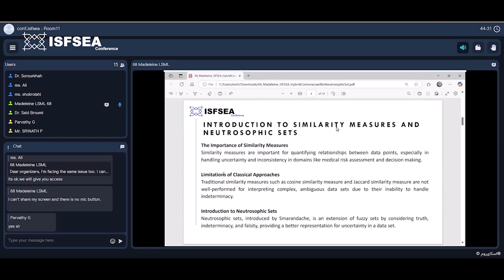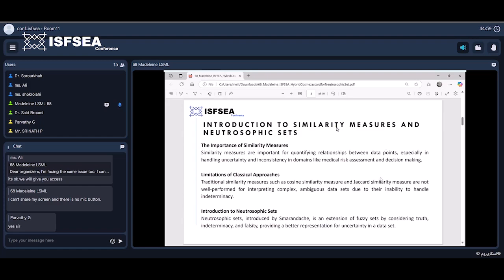And we have limitations on classical approaches. So we have cosine similarity measure and Jaccard similarity measure, which cannot interpret the complexity of the data, and we also cannot handle the indeterminacy of the data set.